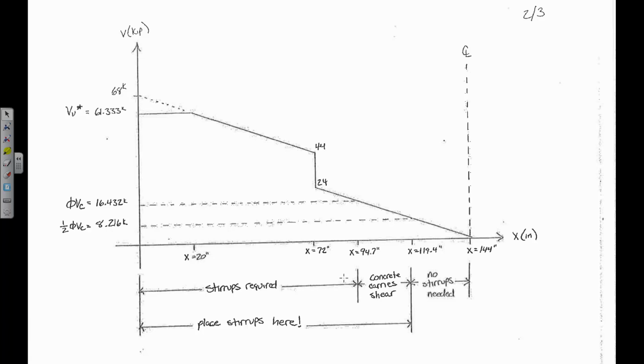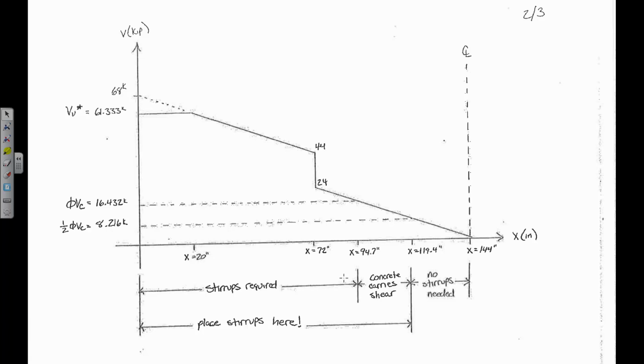Okay, and so this point right here, that's x equals 20 inches. This is x equals 72 inches, and that's what I'm talking about is where that point load is. This is x equals 94.7, and this is x equals 119.4.